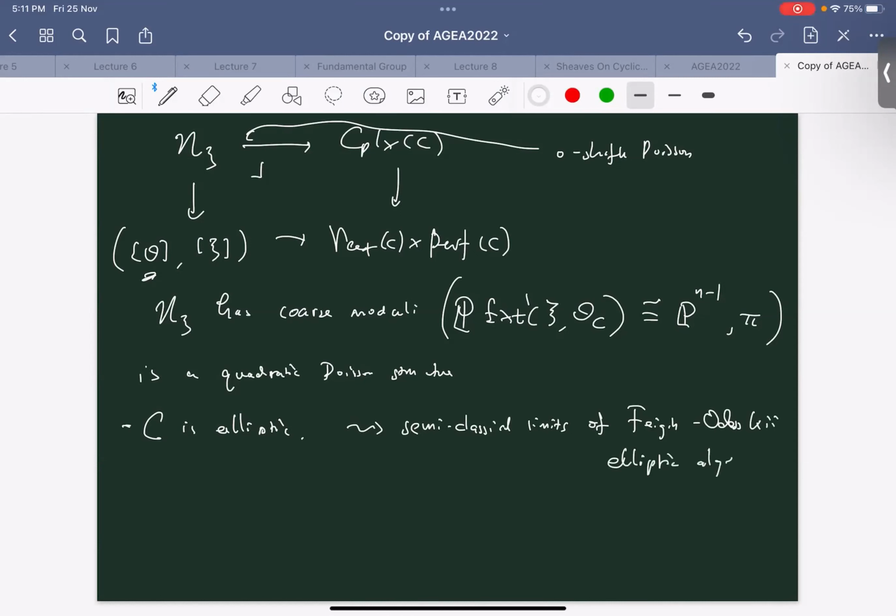This can be further specialized: if you take, for example, C to be a line bundle, then it's the so-called generalized Kleinian algebra. And also you can take C to be the Kodaira I_n type, then this gives you the semi-classical limits of so-called quantum matrix algebras in the sense of Brown and Goodearl.